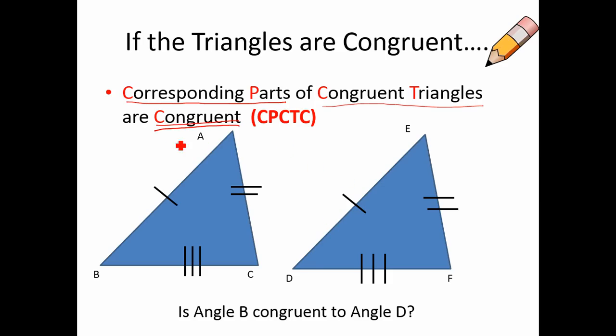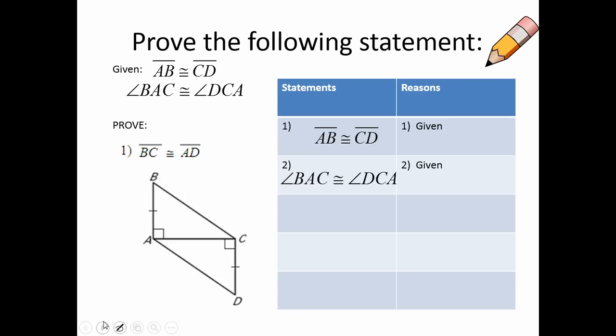So once we know triangles are congruent to each other, we can then say, yep, these triangles are the same. That means that angle B has to be congruent to angle D because their corresponding parts of congruent triangles are congruent. So that's our last step that we're going to be adding on many times today. Not always the last step, but almost. And we're going to write some proofs using that information.